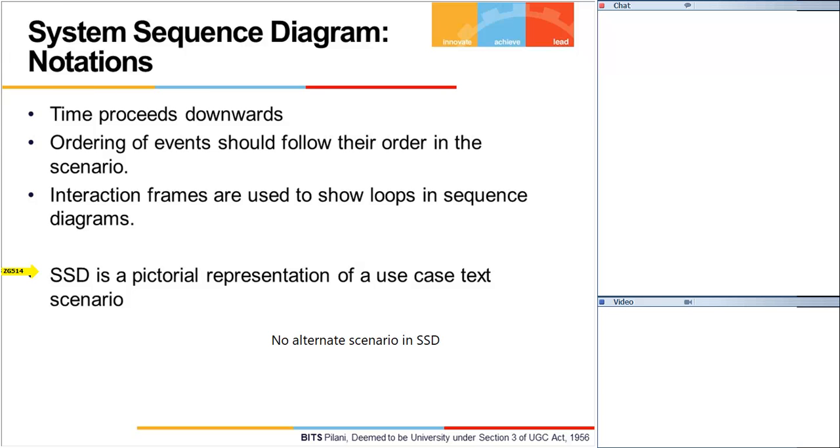So we will take up an example right now. If there are any questions, I'll just take up 2 minutes. Okay, somebody says that in this particular SSD, there is no end of life in the figure, right? There is a notation for end of life. It might not exist in this particular example, but it does exist. So there might be a scenario that the instance of system ends because of an external stimuli, right?